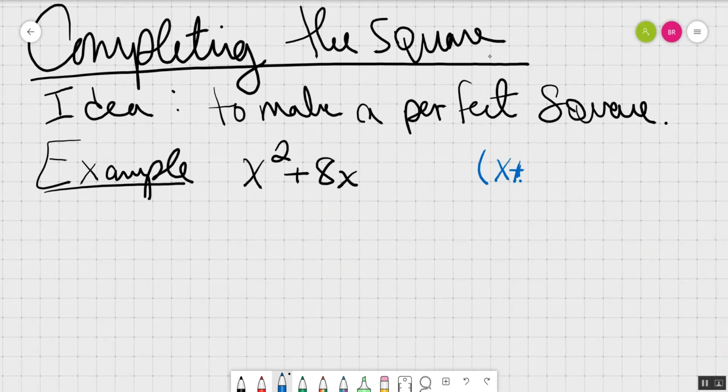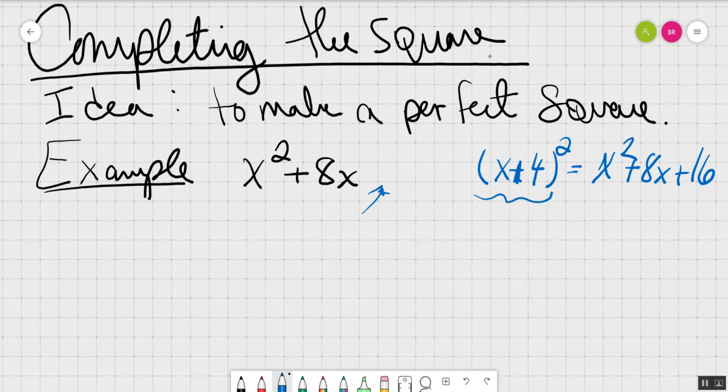X plus 4 squared is, if you FOIL this out, x squared plus 8x plus 16. So you look at these 2 and you're like, if it just had a 16 it would be perfect, and I could write it as something squared. So it's just 16 shy of a perfect square.